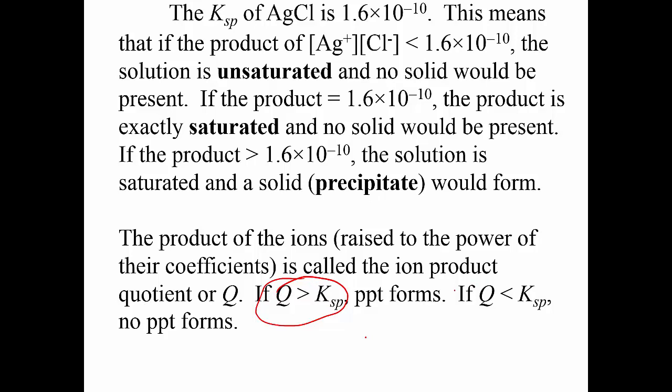If Q is smaller than K, then you can still have more ions in solution, therefore no precipitate will form. PPT, precipitate, is shorthand.